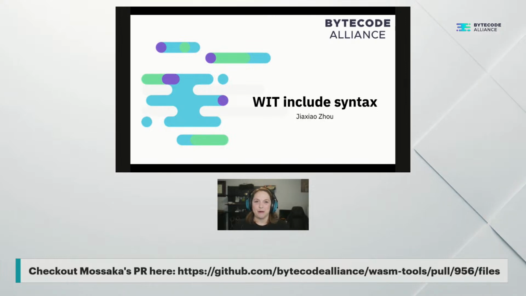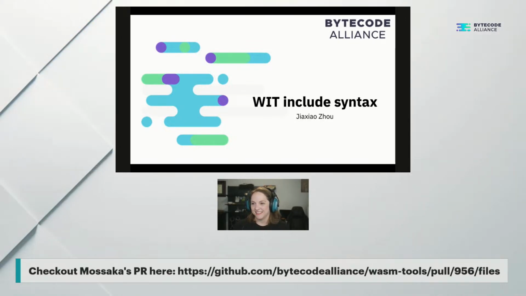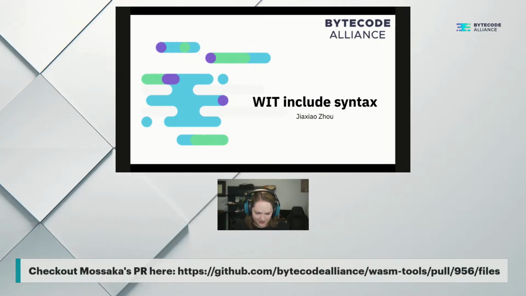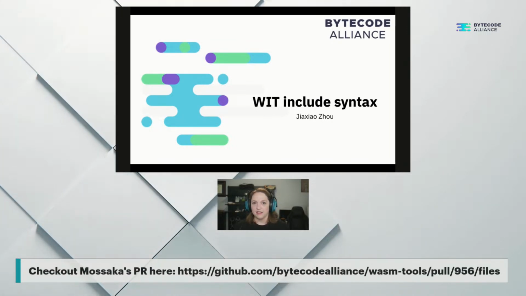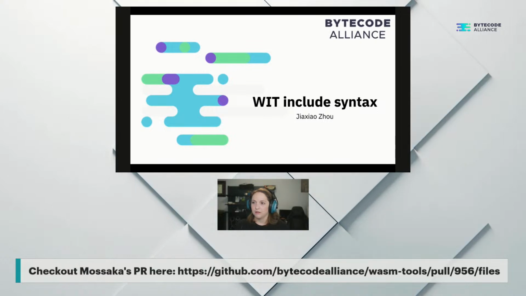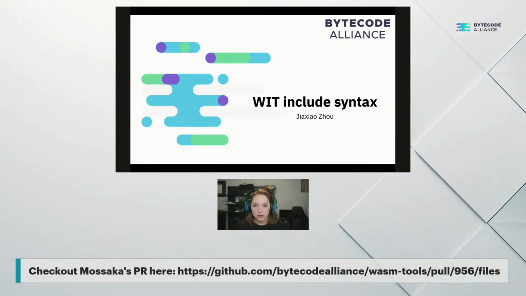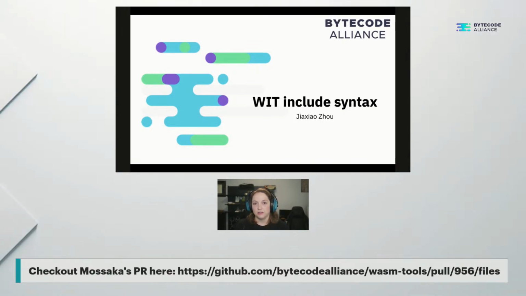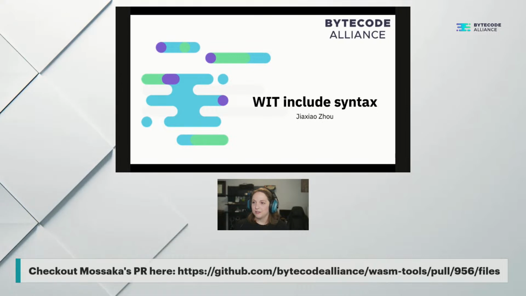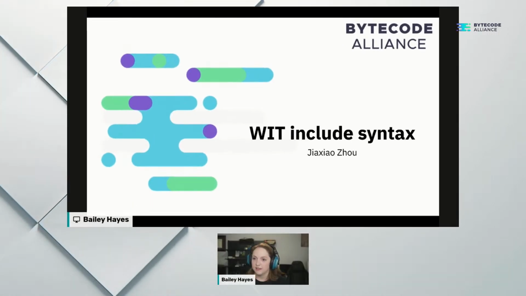It's really hard to talk about world files without going into the cheesy intro to any different movie. But I'm really excited about that, seeing that land. That's one of the last remaining WIT syntax changes that we know is incoming before WASI Preview 2 enters into draft. So thank you, Joe, for sharing with us.